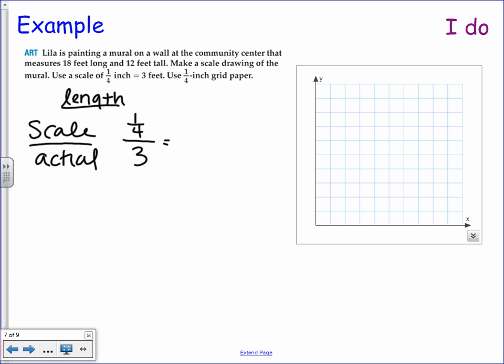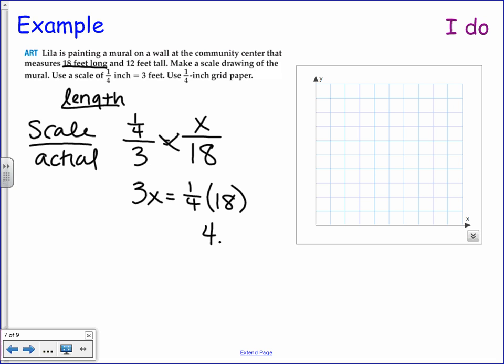I'm trying to find out what the scale is for the actual length of 18 feet long. So I'm going to cross multiply. I get 3x equals 1/4 times 18, and that is 4.5 equals 3x. x equals 1.5. Okay, so this is my length.